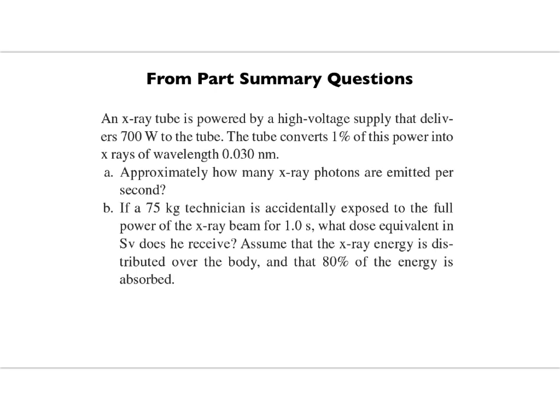Okay, so the first piece of the puzzle is this. 700 watts of energy is delivered to the tube. 1% of it is converted into X-rays, and so I get 7 watts, or 7 joules per second, of X-rays. Each X-ray has a wavelength of 0.030 nanometers.